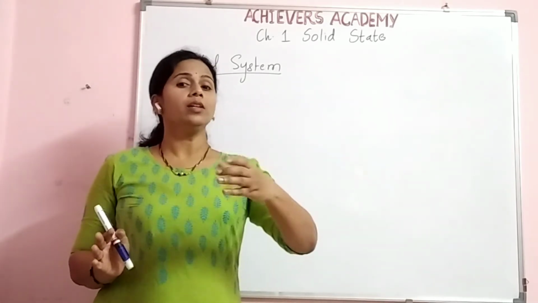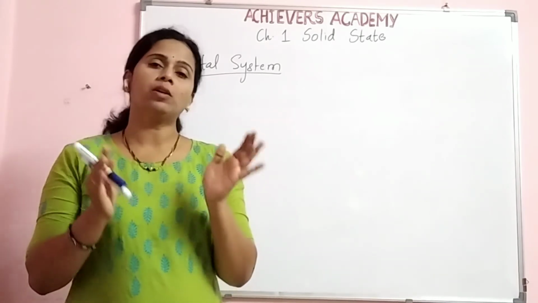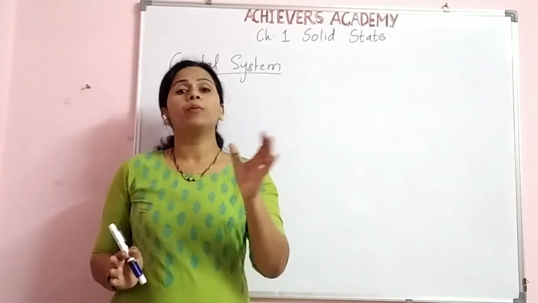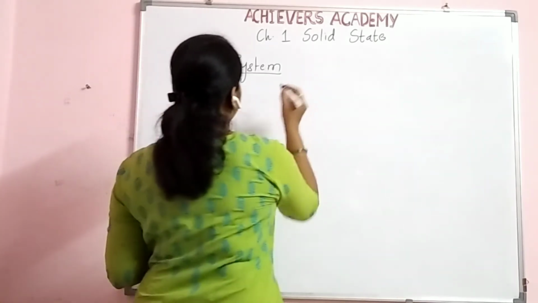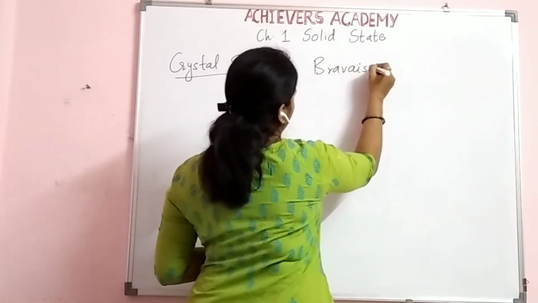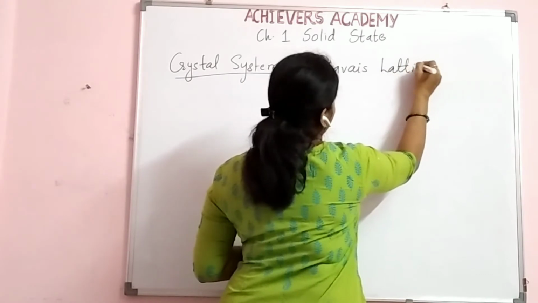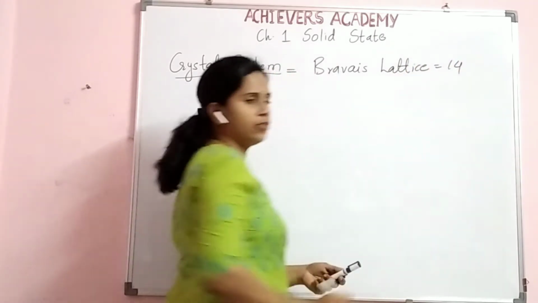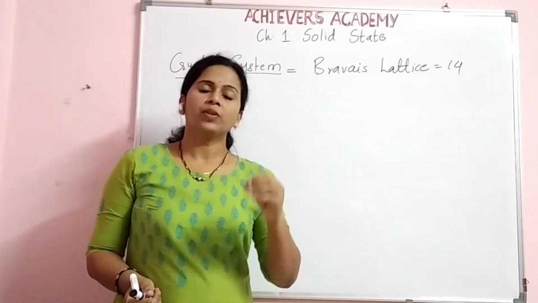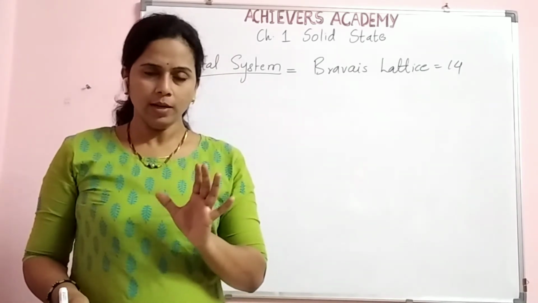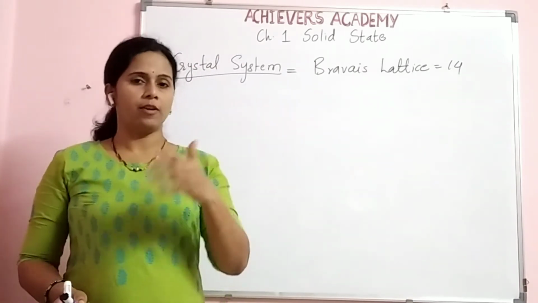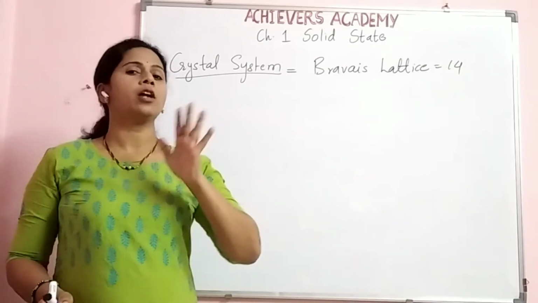This crystal lattice is also called a Bravais lattice. So there are a total of 14 different Bravais lattices. Now students, actually there are 7 crystal systems, and then further by changing the edge length or the bond angles, that is alpha, beta and gamma, we get 14 different arrangements.